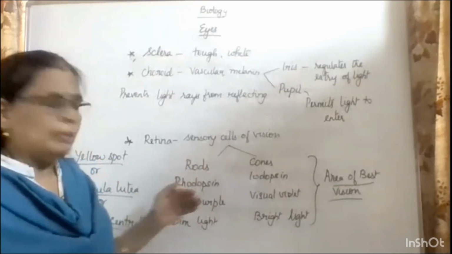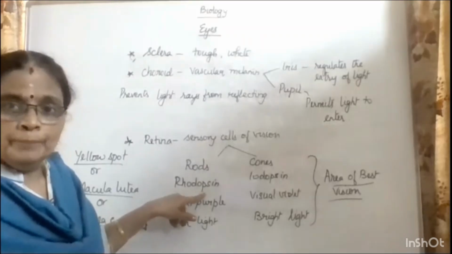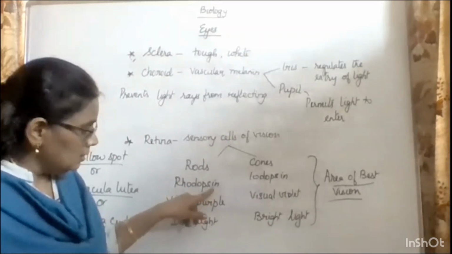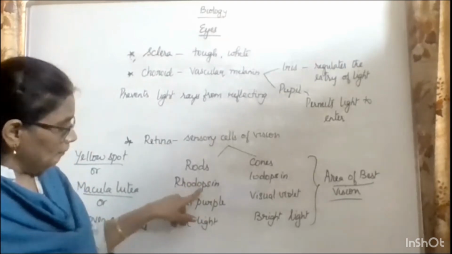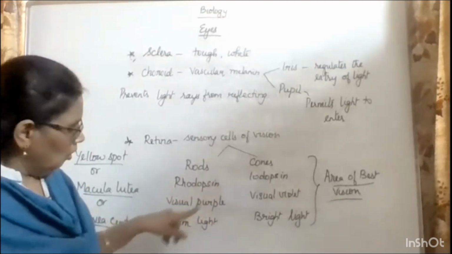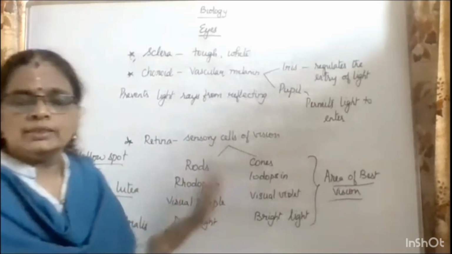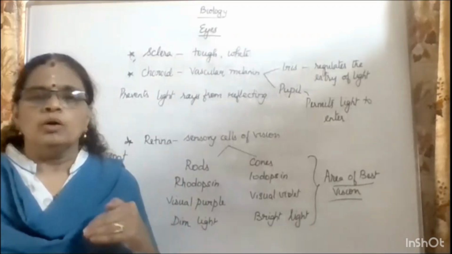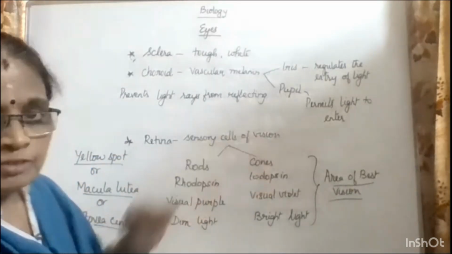The rods have the pigment known as rhodopsin. It's psin, don't make it spin. Rhodopsin, or visual purple, right, children? So these rods and cones help us to see things well, whether in bright light or in dim light. So the area of best vision is there.